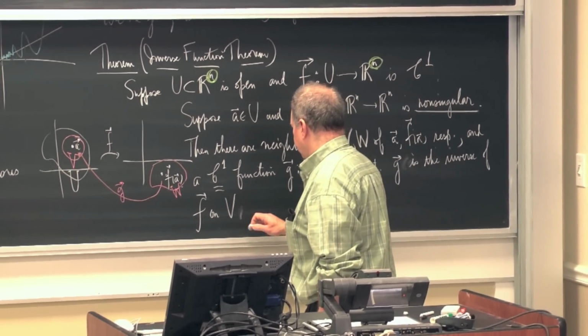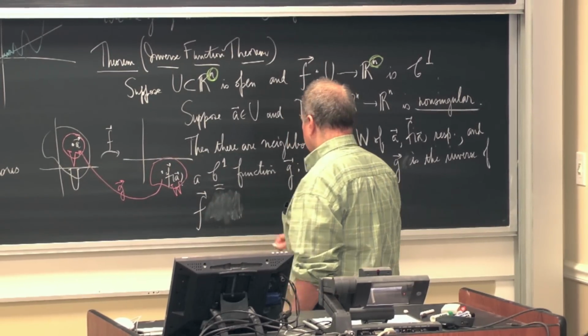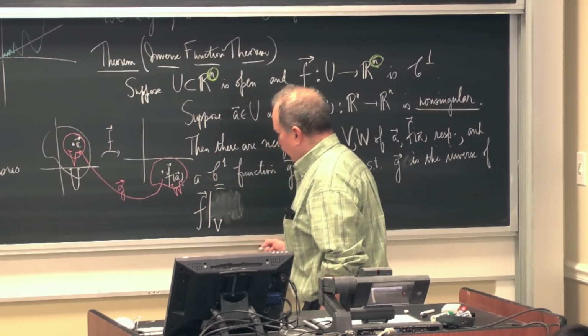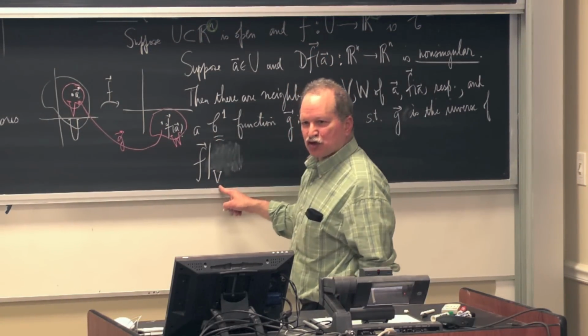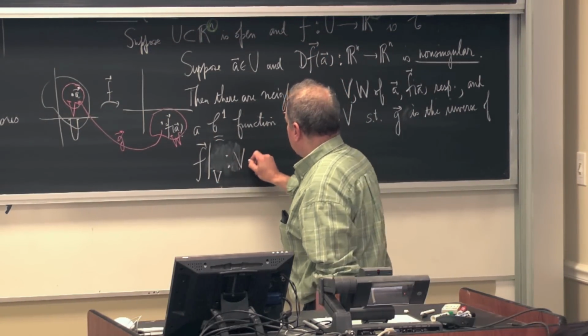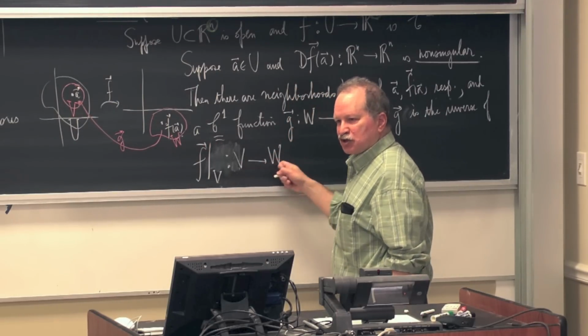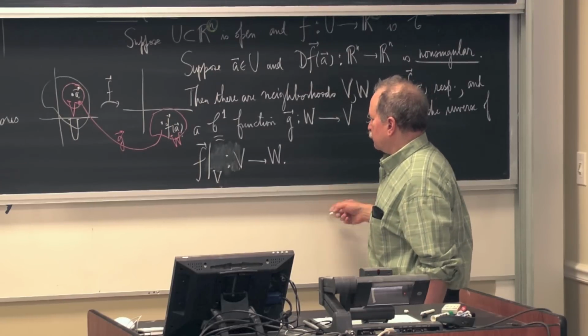Saying G is the inverse of f on V just means if you compose them you get the identity, in both ways. So the official way to write it is restrict f to the domain V. That bar means restrict. That now maps V to W, and for that one-to-one onto function, G is the inverse.